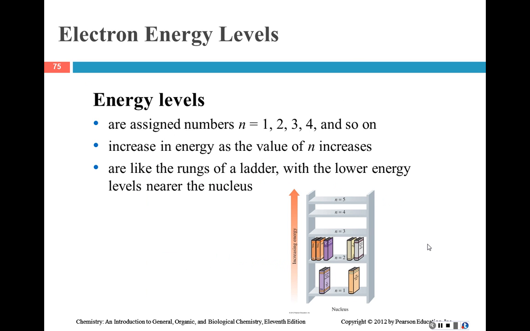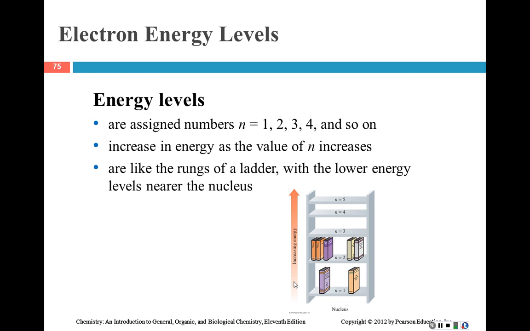In these electron levels, there are different amounts of energy, and the energy levels that the electrons are in are assigned numbers: n equals 1, 2, 3, 4, 5, etc. As you increase in number of n, the energy gets higher.